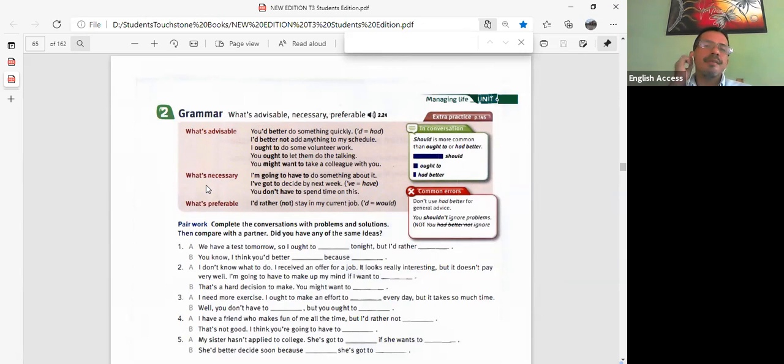What's necessary, going to have to. I'm going to have to study. I'm going to have to go. It's the same as going to, but they add have to, right? Like an obligation. What's preferable, I'd rather not stay in my current job. Saying I would.